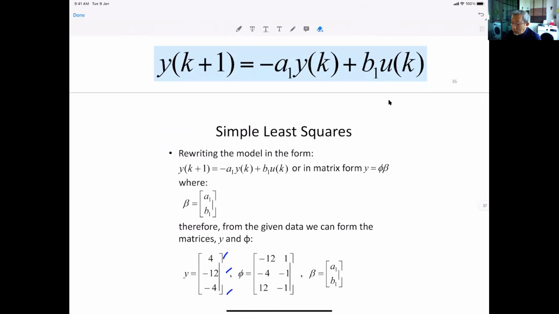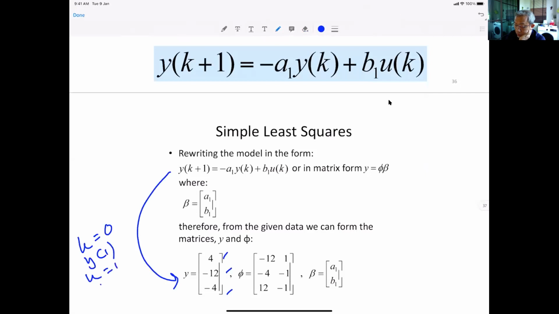So we follow this equation. So I repeat again. Y is this one, y k plus 1. So if k equal to 0, y1. K equal to 1, y2. K equal to 2, y3. So this one is y1, y2, and y3.